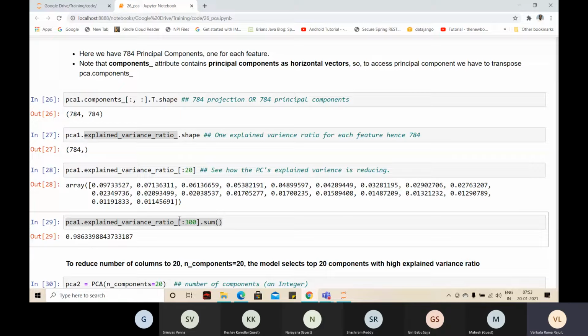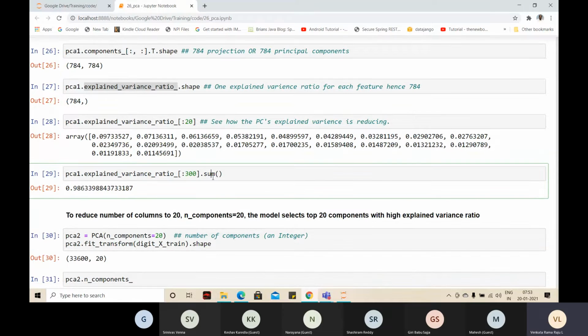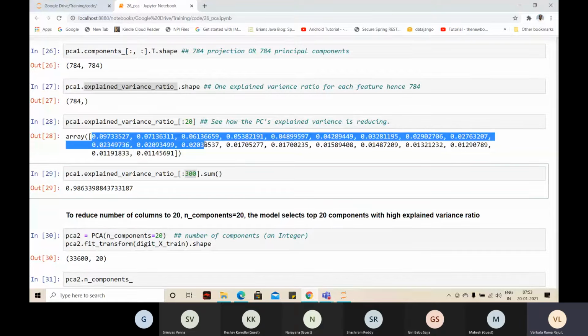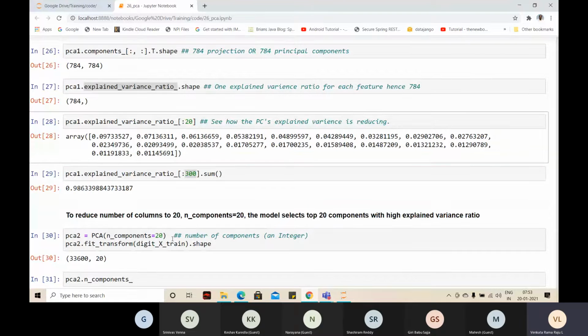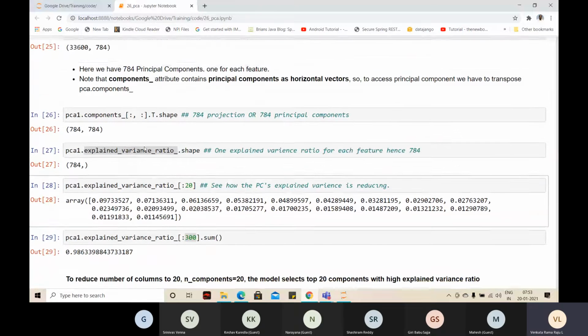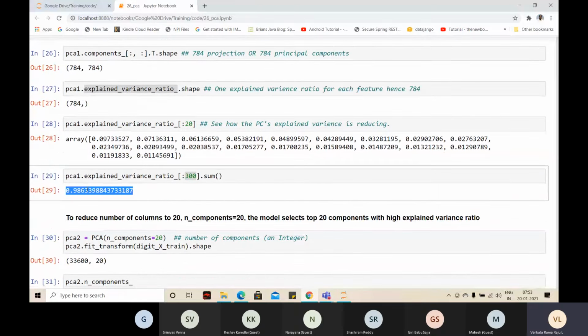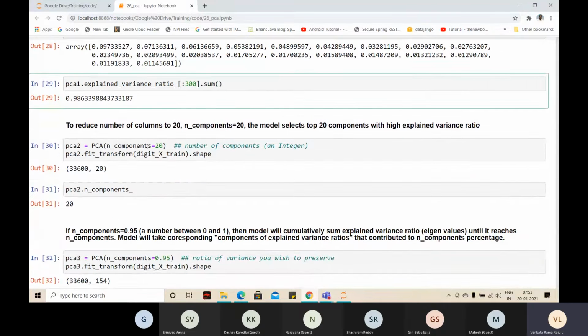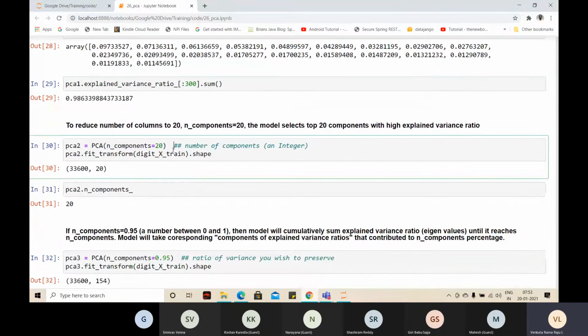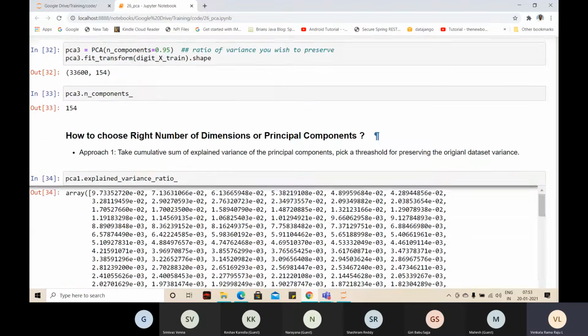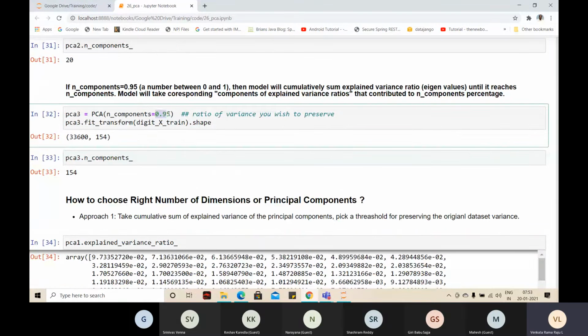So here, if you take 300 principal components, it is giving you 0.98. It is a cumulative sum of all these numbers till 300. So you take till 300. If you say n_components is equal to 300, it will get 98% of the variance in the data. You can give a number, how many components you want, say 20, or you can specify 0.95, meaning the 95% explained variance ratio I want.